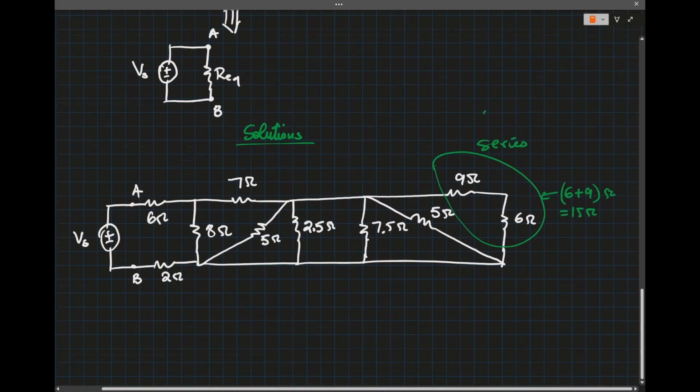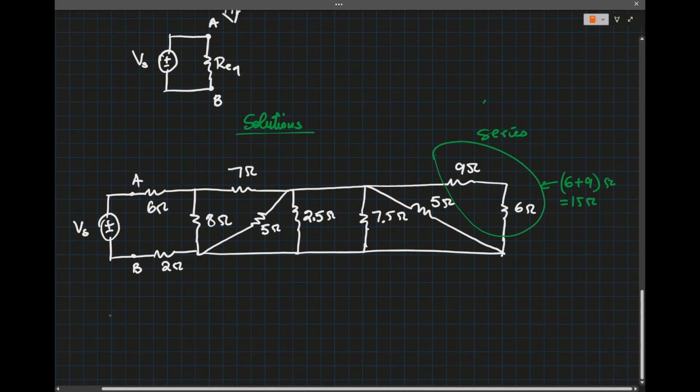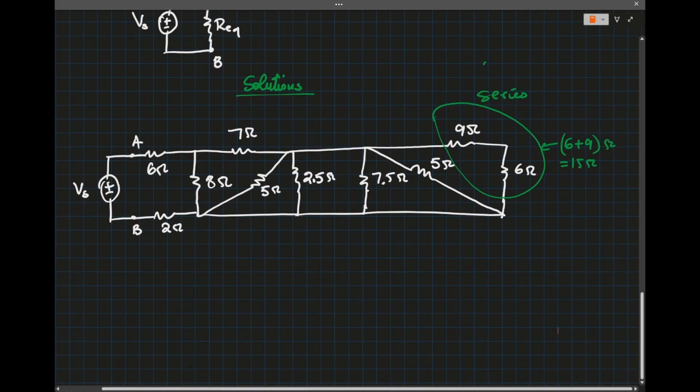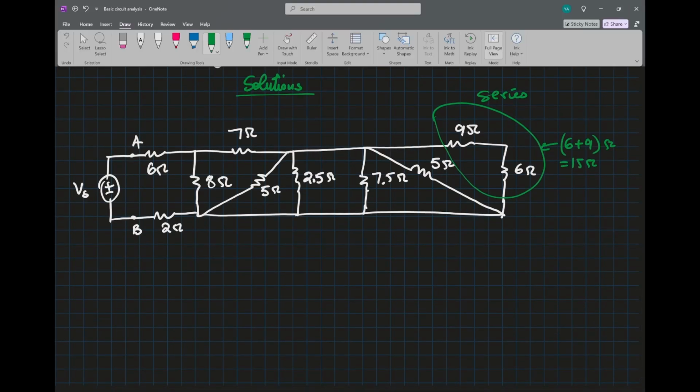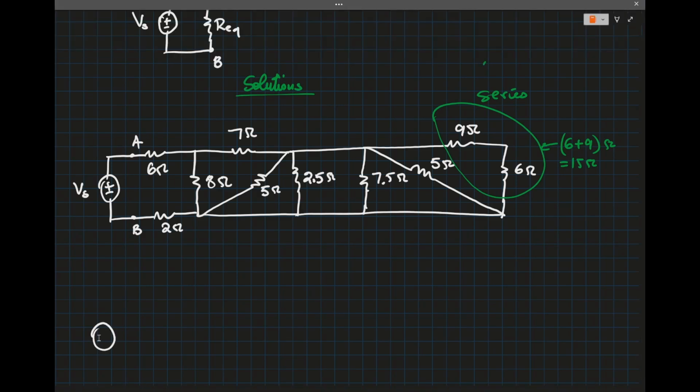So we have Vs, 6 ohms, 2 ohms, 8 ohms. As you can see, we're going to work our way from the back toward the power source.